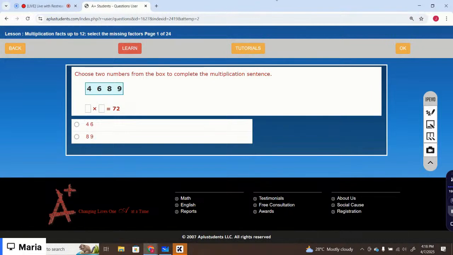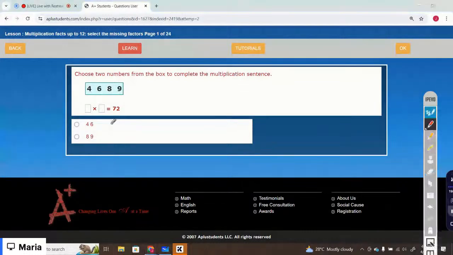You are given two of the options, 4 and 6, 8 and 9. So 4 times 6 is 24. That is not the correct option. 8 times 9 is 72. Option number 2 is the correct option.